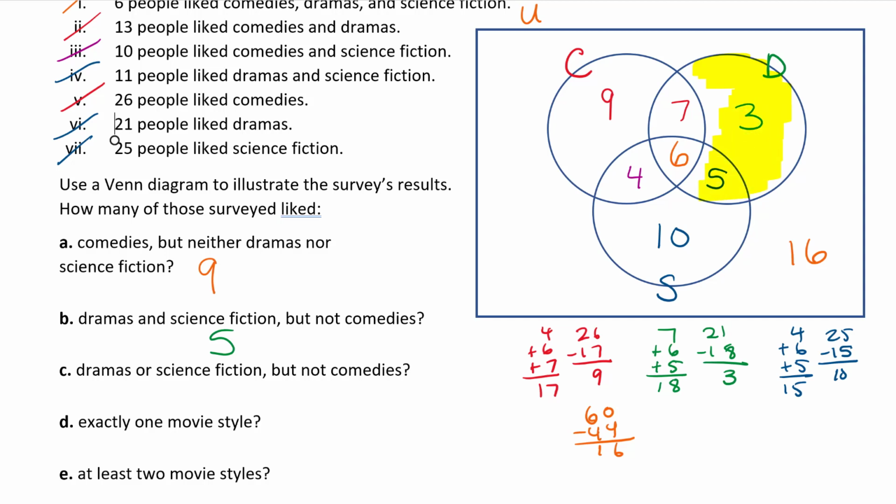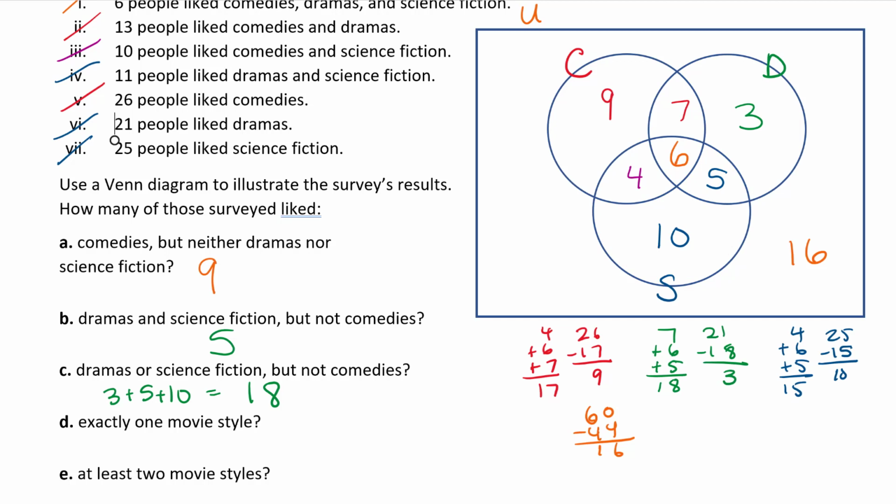So I'm going to take all the circles of S and D, except I can't be inside the circle of C. So the way I'm going to get that number is I'm just going to add up the regions with 3 and 5 and 10, and that's going to get me a total of 18. 18 people like dramas or science fiction, but not comedies. So we can't have comedies, but we can have any of the other two.